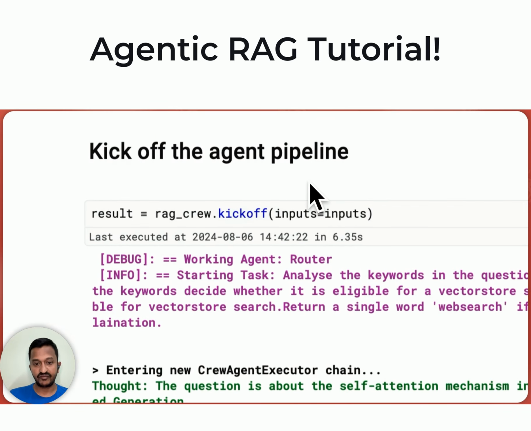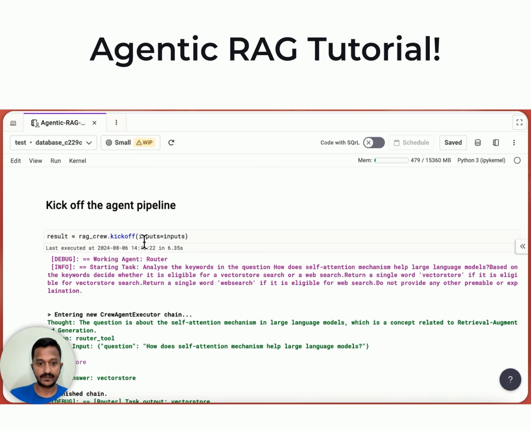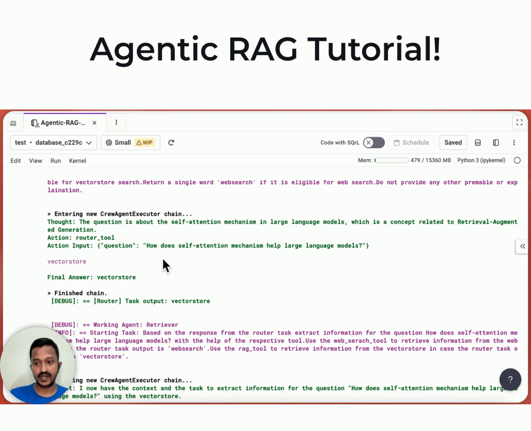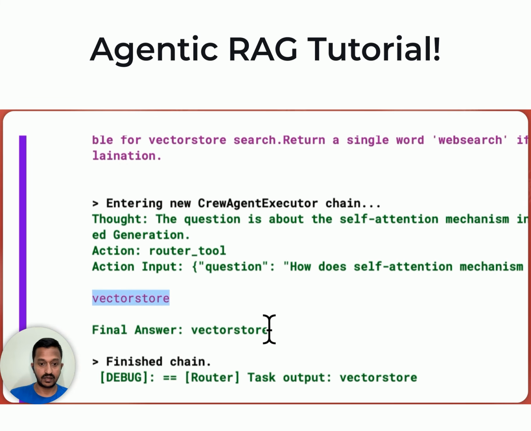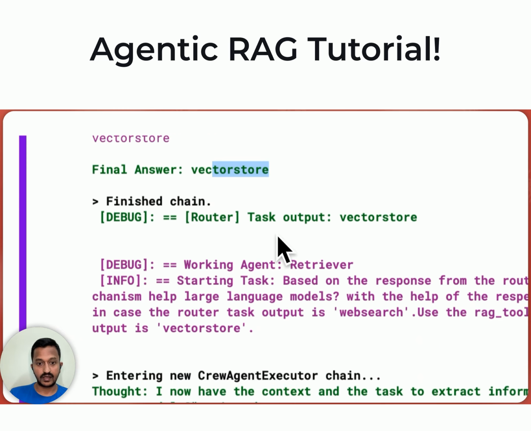So once you kick off the agent pipeline, right, the RAG agent pipeline, as you can see, it goes through step, right? Agent, working agent router, and it says that, hey, the answer is actually present in the vector store. No need to go to the internet. Let me answer back, right? See, the final answer is present in the vector store, right?